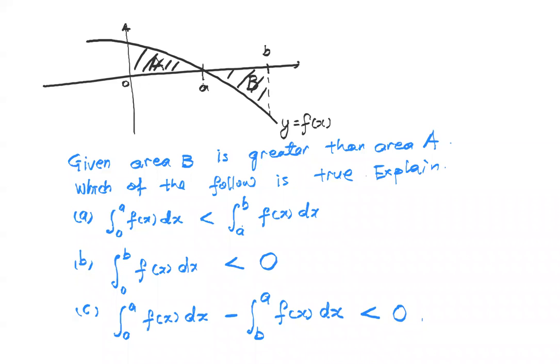If I rearrange A, it will tell me it's less than 0, correct? So do you see there is a difference here? The difference is here. So that is the first thing I observe.